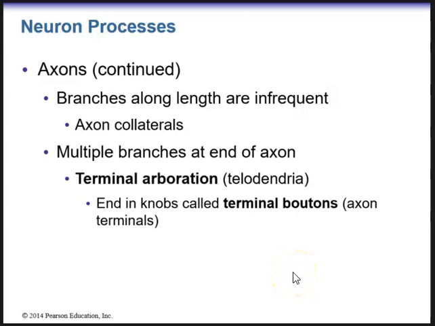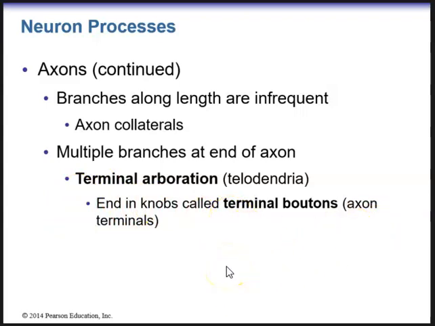Branches along the length of the axon are infrequent. There are some axon collaterals, but not a lot of the time. There are, however, multiple branches at the end of the axon. This is known as the terminal arboration or the telodendria, and they end in knobs called terminal boutons or axon terminals.